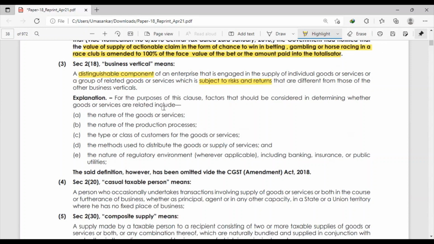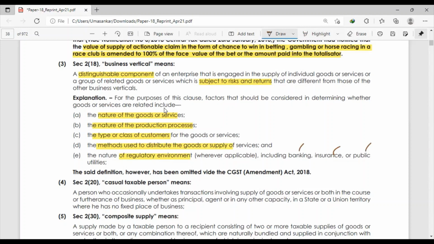We'll see the nature of the goods and services, the nature of the production process, the type or class of customers who are purchasing these goods, the methods used to distribute the goods and supply, and the nature of the regulatory environment, such as banking, insurance, public utilities.